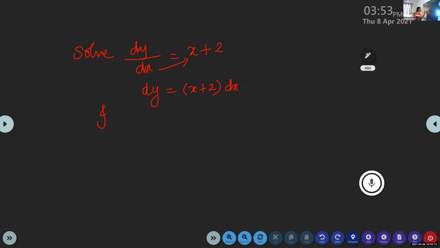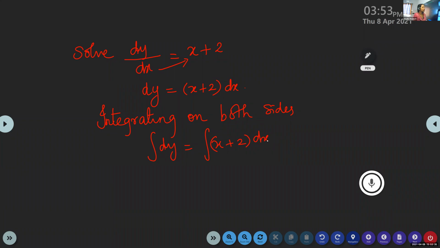Next step, we are going to integrate on both sides. So integral of dy is equal to integral of x plus 2 into dx.